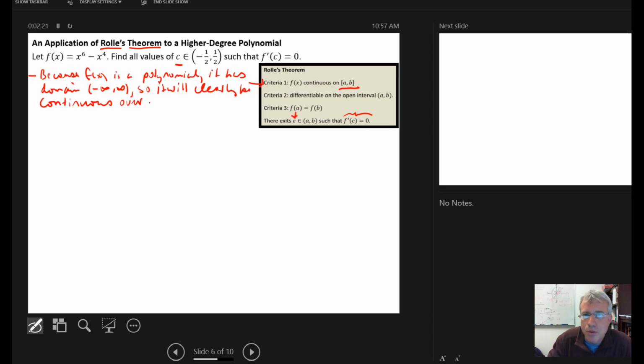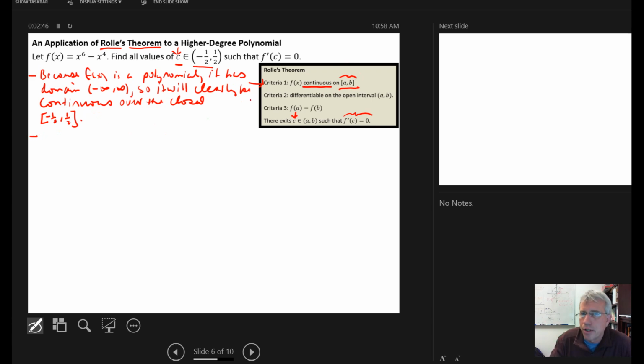So it's going to be continuous over the closed interval from -1/2 to 1/2. So we want to show there's a value of c on the open interval, but first we need to explain why we understand that it will be continuous over the corresponding closed interval.